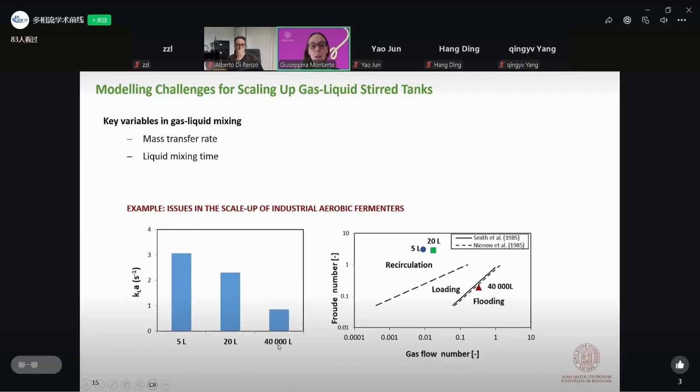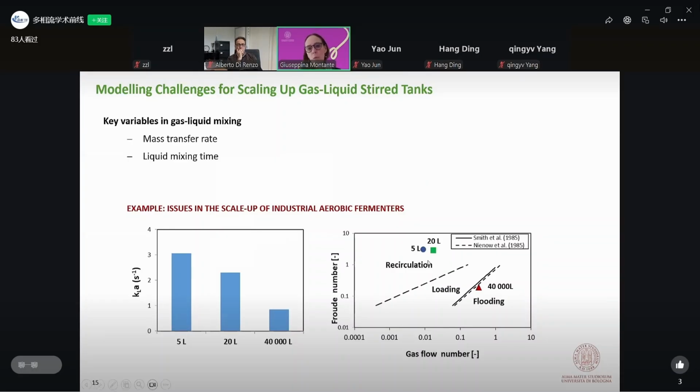But moving to 40 cubic meter industrial production, the situation went much worse than expected. Why did it happen? It's easy to understand this behavior if detailed knowledge of the multiphase fluid dynamics is available.